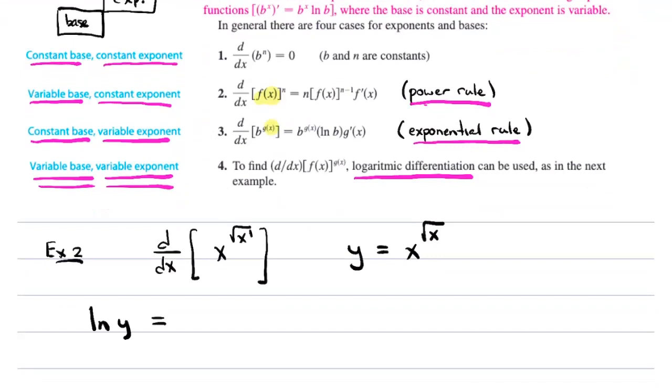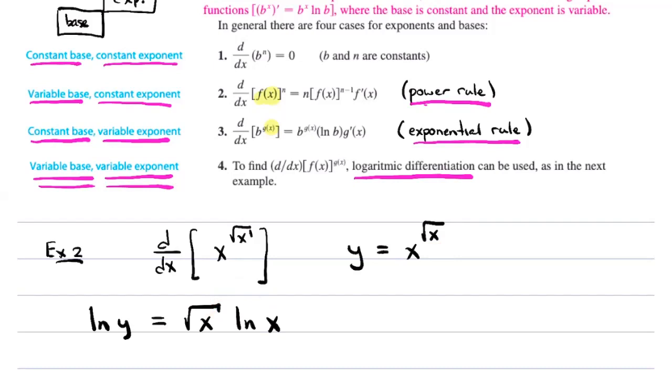Why do that? Well, because by logarithm properties, the natural log of y is the square root of x times the natural log of x. When you take a logarithm of an exponent, that exponent becomes a constant multiple, a coefficient. That's what I'm trying to say. My tongue's not working all that well today.